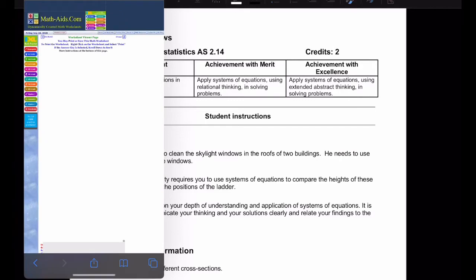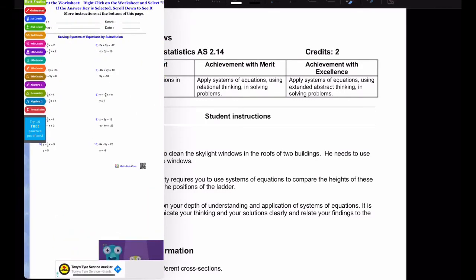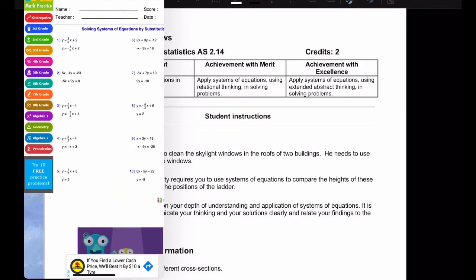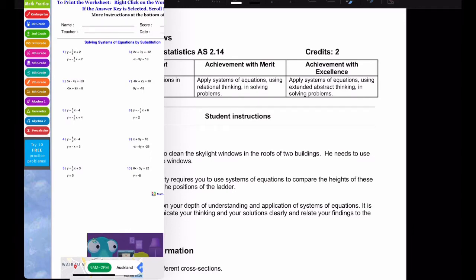It should give you different problems each time, but sometimes it may give you some that are very similar or the same. But here are some problems, and then you can just do them in your exercise book or somewhere else.